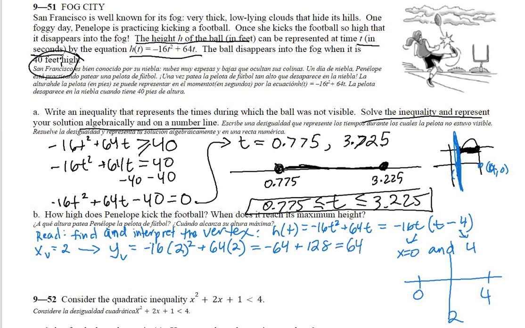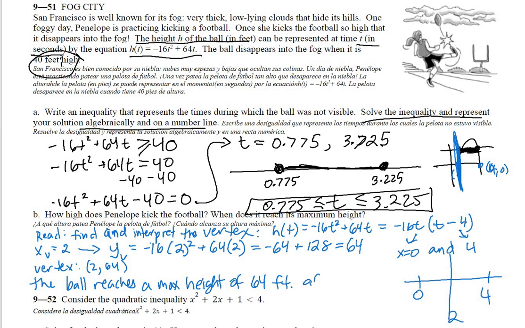So my vertex is 2, 64. And in context, that means the ball reaches a max height of 64 feet after 2 seconds. Period.